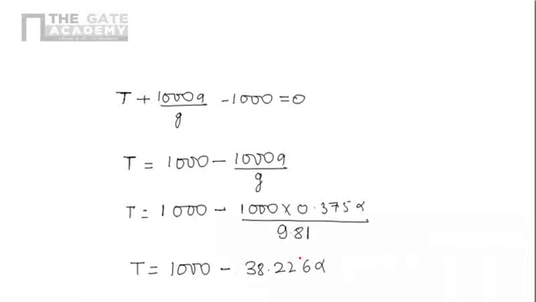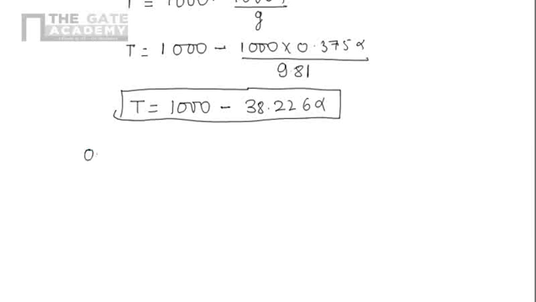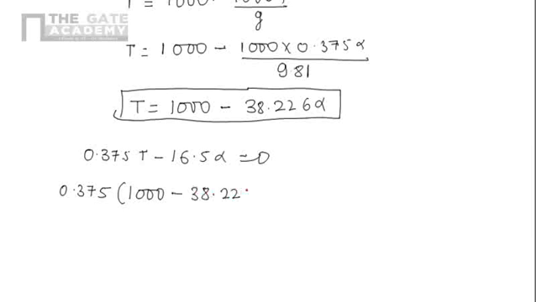Now put this expression of T in equation 2. Equation 2 is 0.375 T minus 16.5 alpha equals 0. If we put the value of T in terms of alpha here, we will get 0.375 into 1000 minus 38.226 alpha, minus 16.5 alpha equals 0.